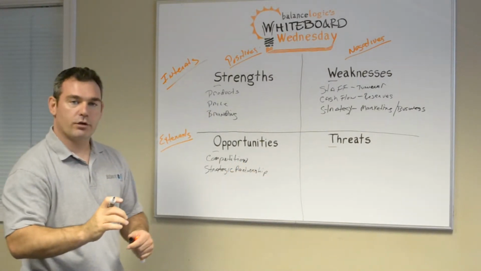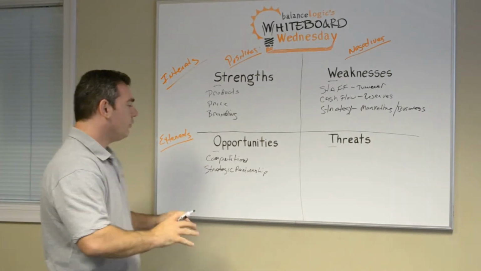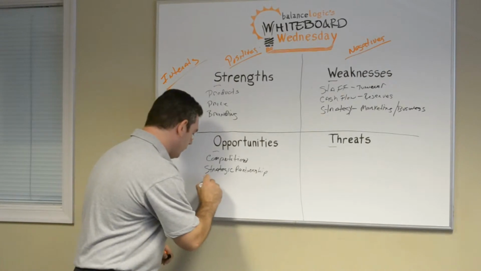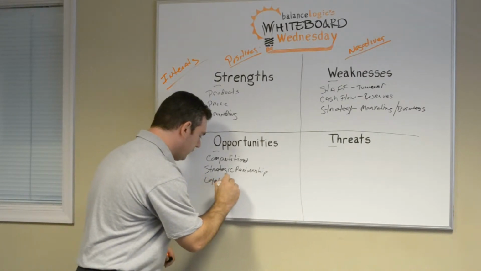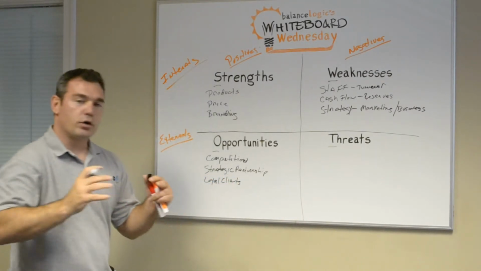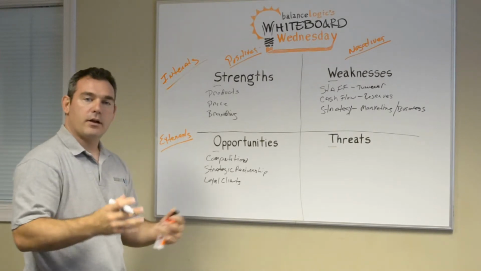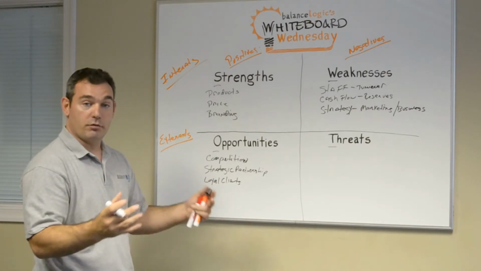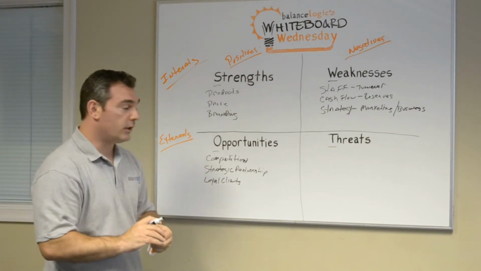Putting together some good strategic partnerships that will allow you to position yourself in the market. Another opportunity is loyal clients. If you have a good base of loyal clients, you'll be able to go back to them and sell additional services, and you'll also get word of mouth marketing, or you'll get more referrals from that. So that's some of the opportunities you can look at.